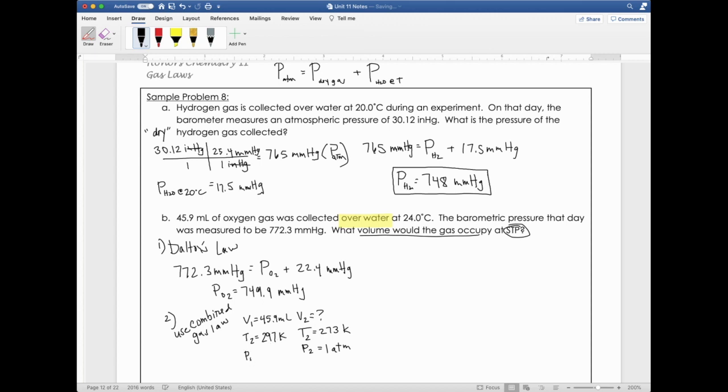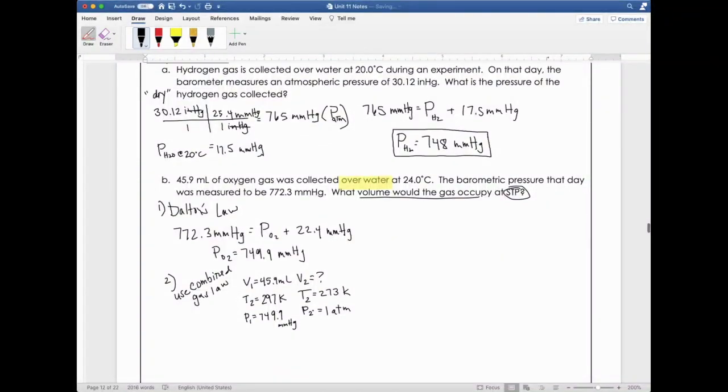And I also have the initial pressure, the pressure of just the dry gas. Remember, just the dry gas is 749.9 millimeters of mercury. So we're correcting it for STP. I'm going to write that in a different color down here just because you might hear that phrase. This is called corrected to STP.